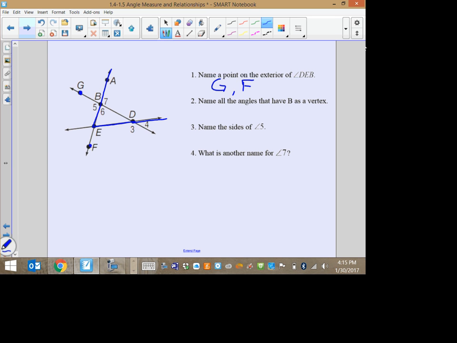So now name all the angles that have B as a vertex. If we call it just angle B, people won't know what I'm talking about. But we have angle 7, angle 5, angle 6, and we also have angle GBA.